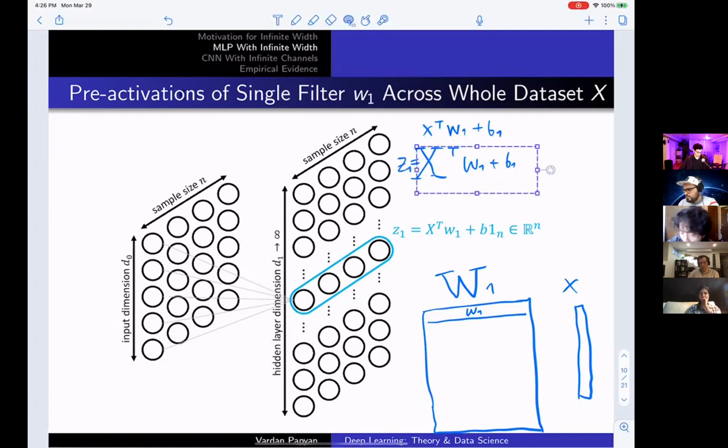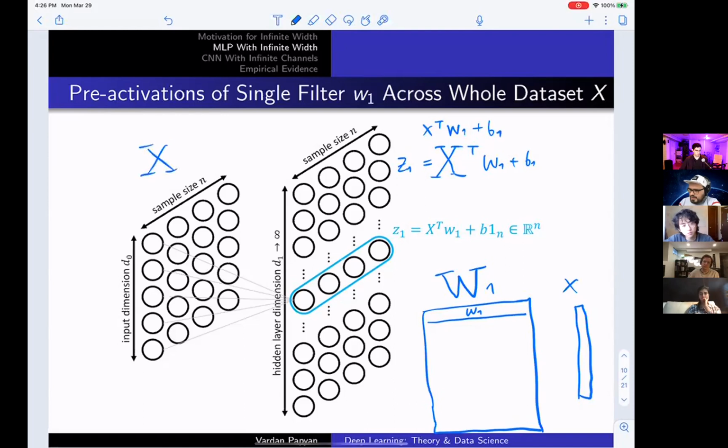So let me try to explain what happened here. Let me try to explain what this means. So X is the following thing here. X is a matrix in R of size D0 times N. So it's a matrix that contains in its columns the different samples in your training data.